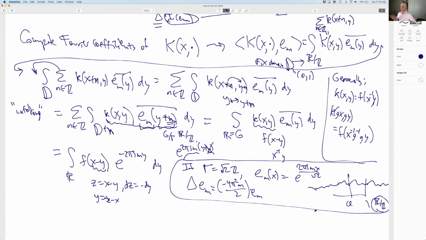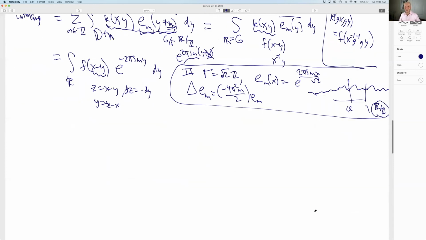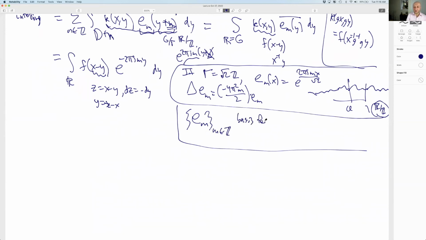They definitely don't form a basis of L2 of R. Over Z, they form a basis for L2 of R mod Z. In the Fourier analysis we've been doing on the line, the e_xi's, where xi ranges over all of R, this is continuous spectrum, as opposed to discrete spectrum. So this is discrete spectrum.